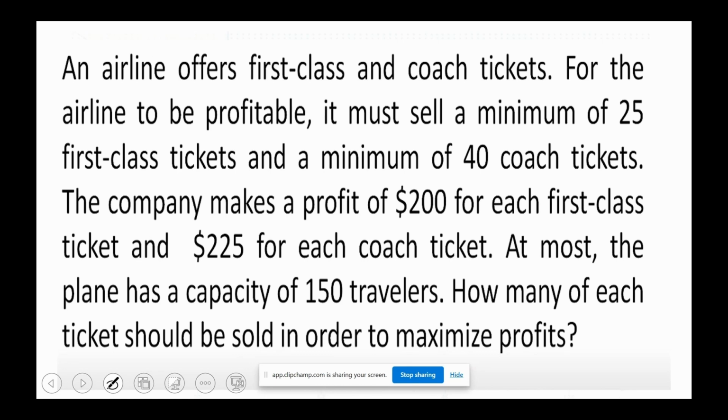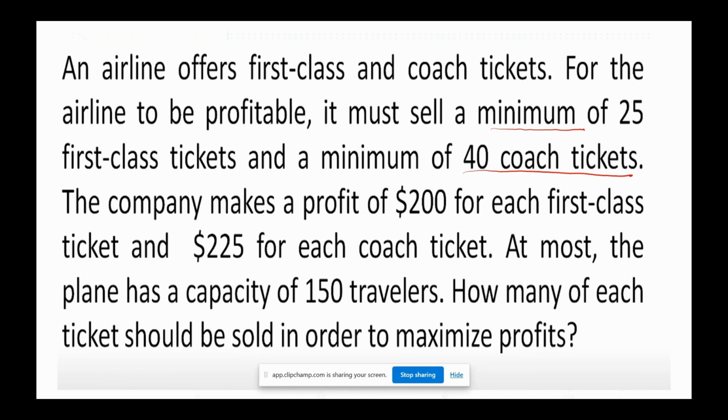For the airline to be profitable, it must sell a minimum of 25. Whenever the word minimum comes, that means there is some constraint. So a minimum of 25 first class tickets and a minimum of 40 coach tickets.